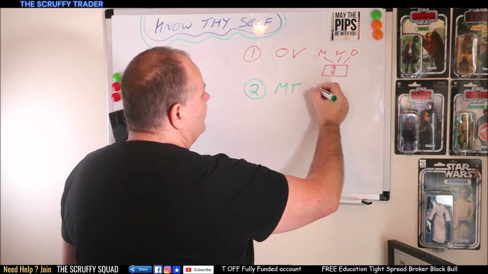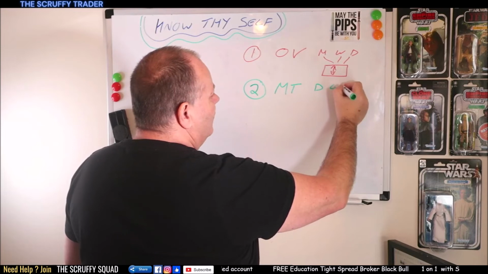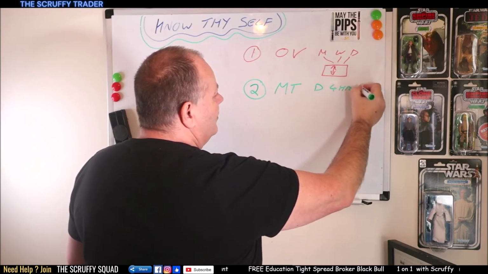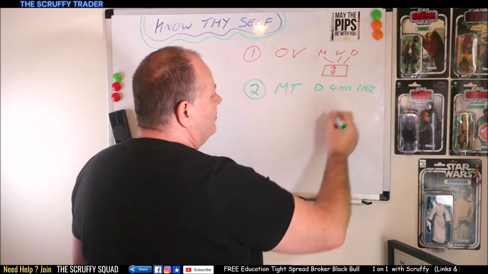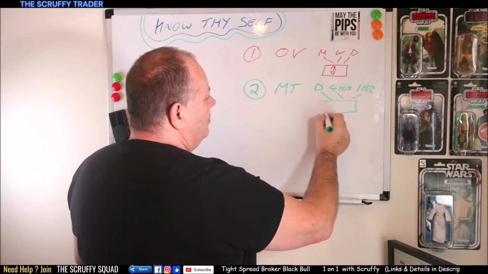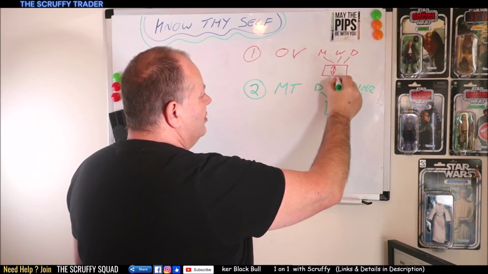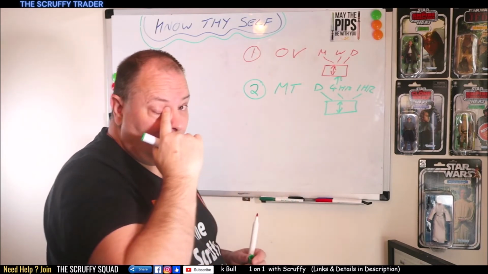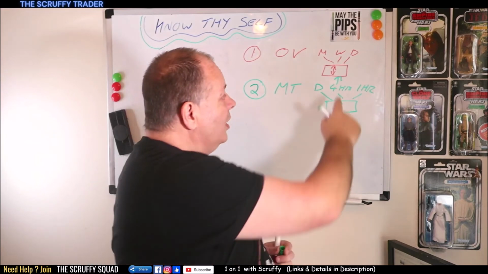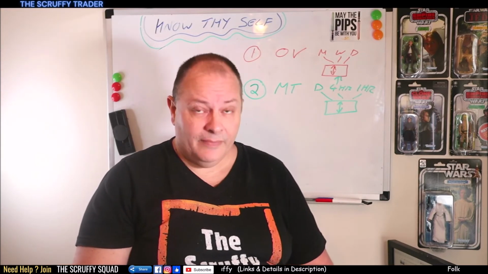And here you will use the day, the 4 hour, and the 1 hour. And again, you're looking for them to have a confirmed direction. So whatever you decided here, you want it to correspond down there.